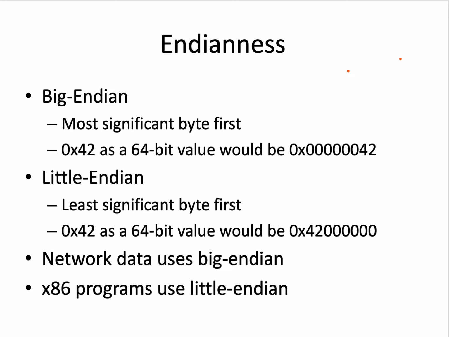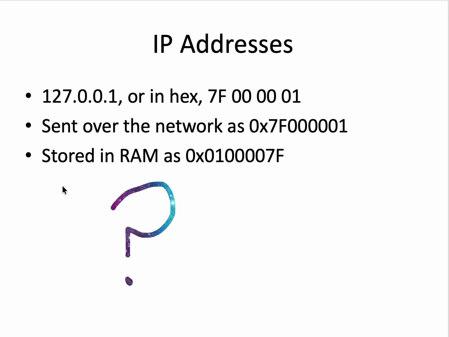Let's take a look at, as I said, IP addresses. Now, here is 127.0.0.1 in hex, or 7F001. So how the heck does 127.0.0.1 become 7F001? But if you take a look at this, it's kind of obvious, I guess.